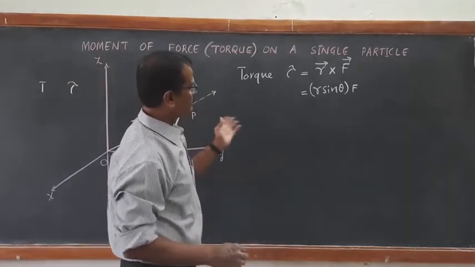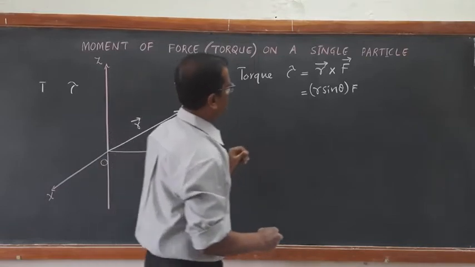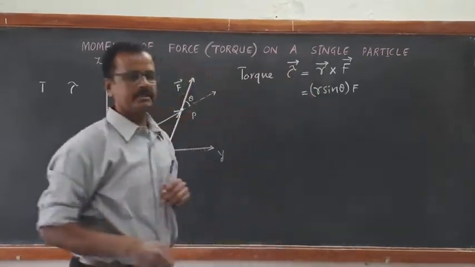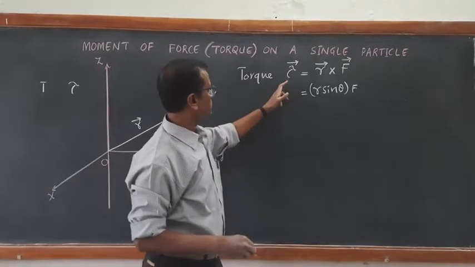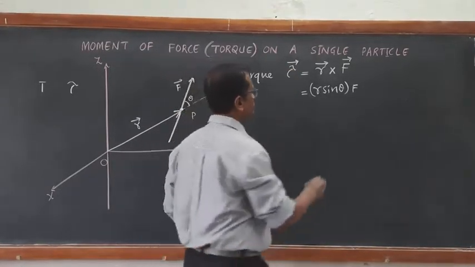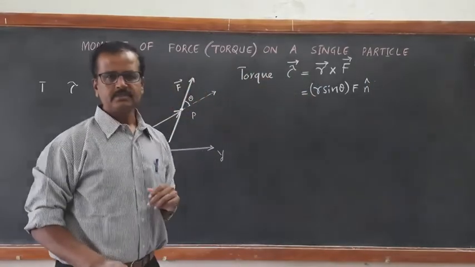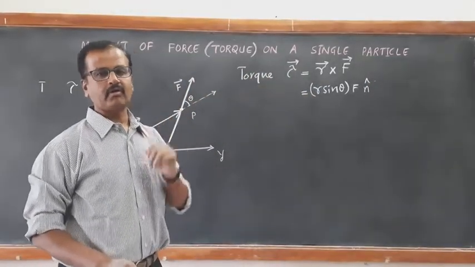Now what is R sin theta? We will find out from the diagram. This being a vector quantity, I have to write torque tau as a vector quantity. This is multiplied by n cap, so n cap gives you the direction of torque.